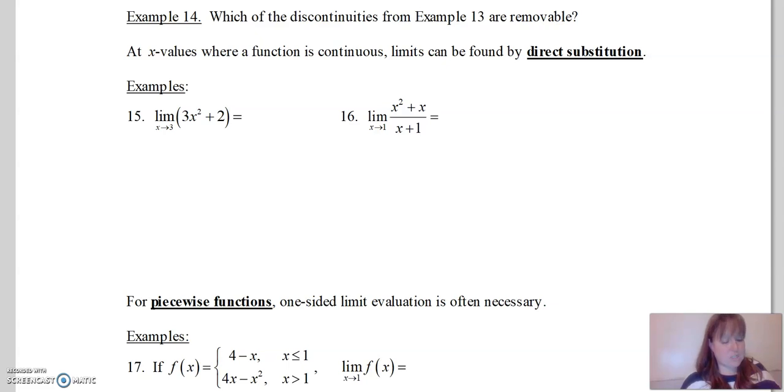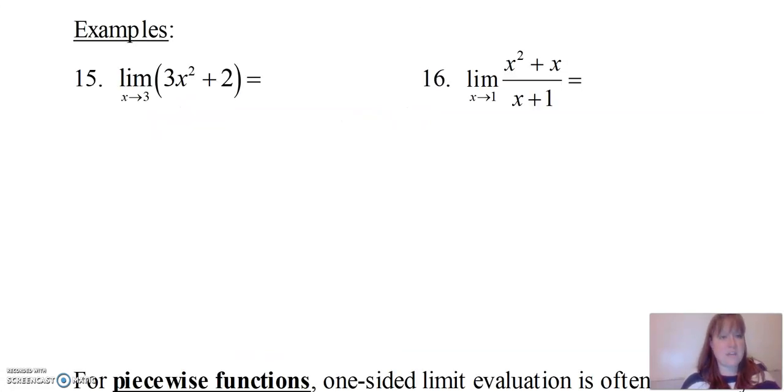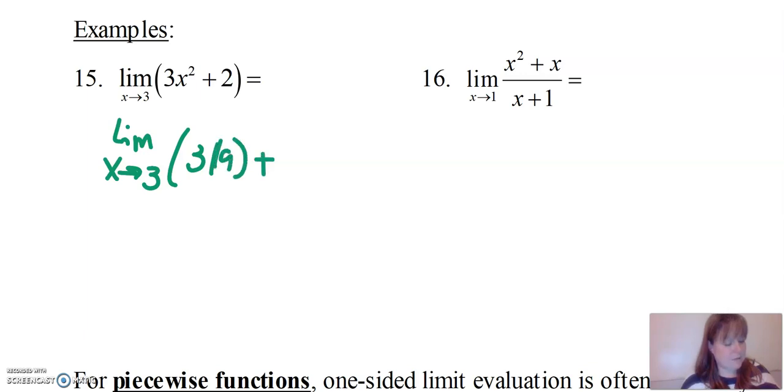We're going to plug the value in and see what happens. So for this one, we're just going to plug 3 in and find out what the function is equal to at 3. So the limit as x approaches 3 of 3 times 3 squared, which is 9, plus 2.